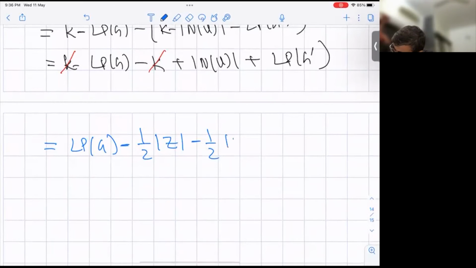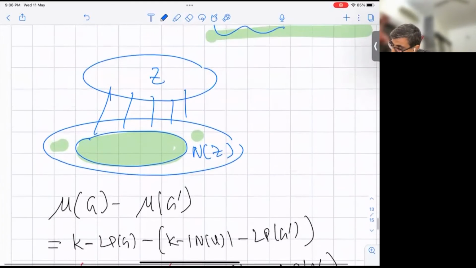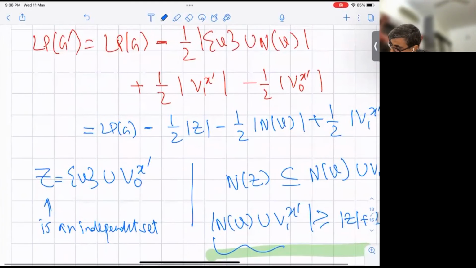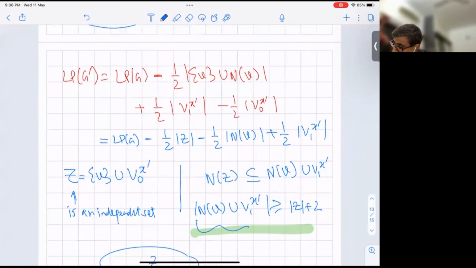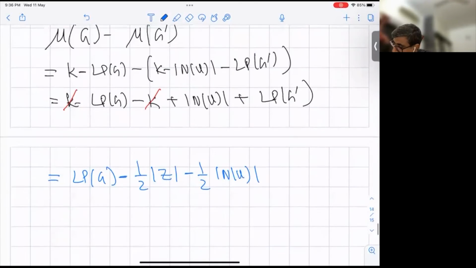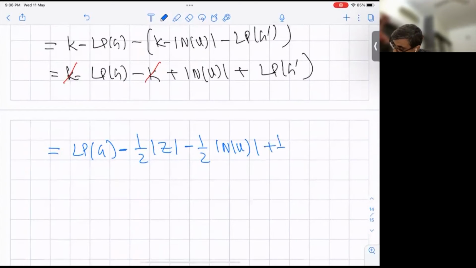Minus half of N of V. What else is there? Plus half of V1 X prime. Plus, what was that?